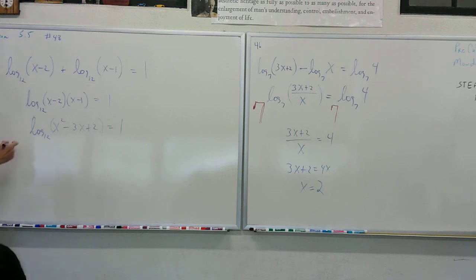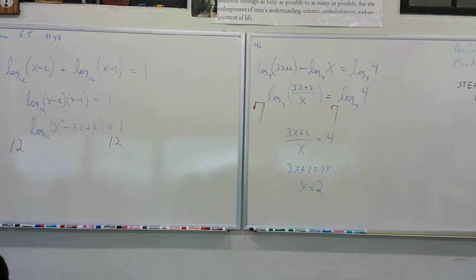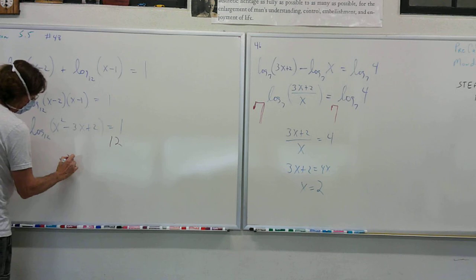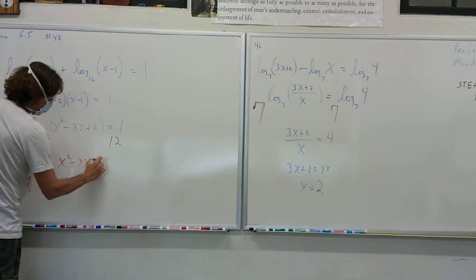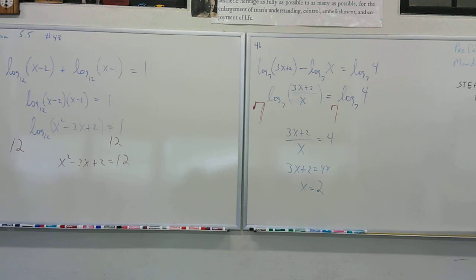Okay, put a 12 here. And you get x squared minus 3x plus 2 equals 12 to the first. And any number raised to the first is itself. Then, if you see an x squared, you need to make it equal 0 and factor it.